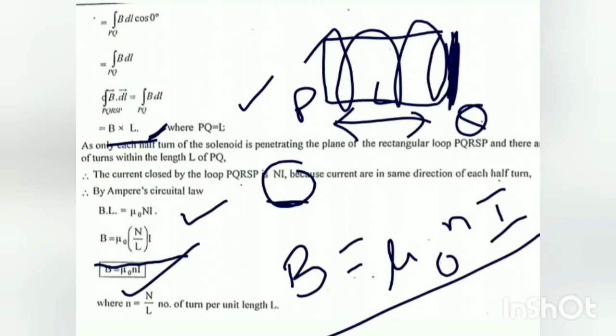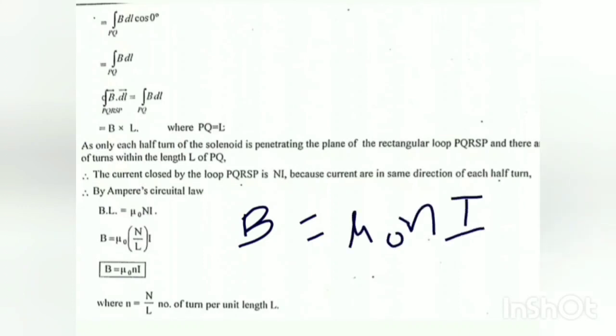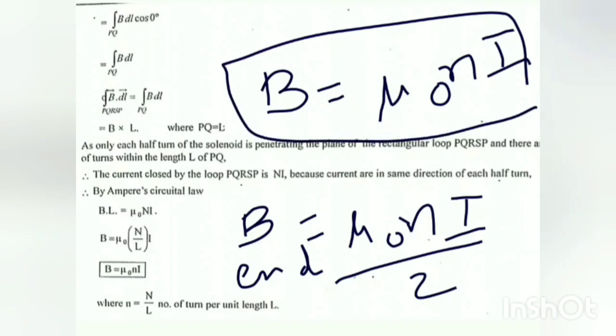It means when we talk about the ends, then we can write capital B is equal to mu naught ni divided by 2. This is for ends of the solenoid. Otherwise, inside the solenoid, the magnetic field is B is equal to mu naught ni. This is the final result. It will be used in numericals. Thank you.